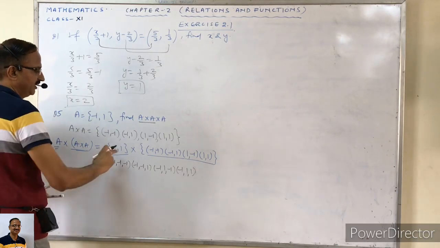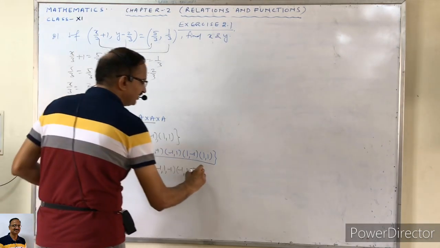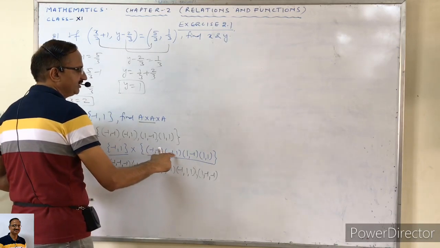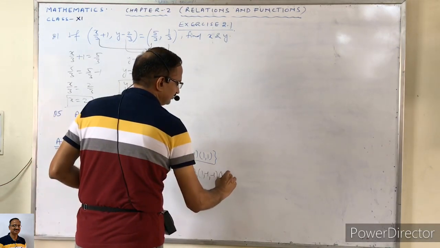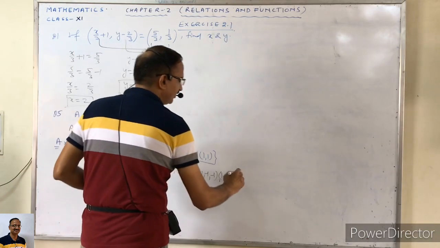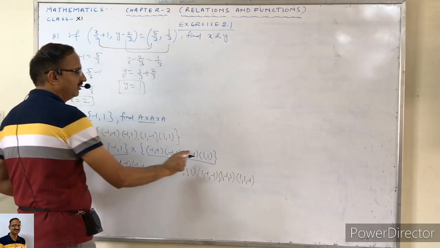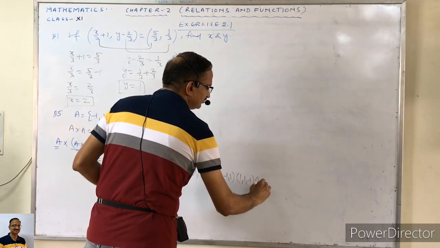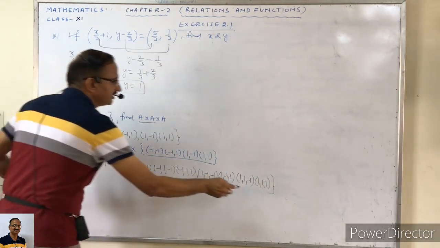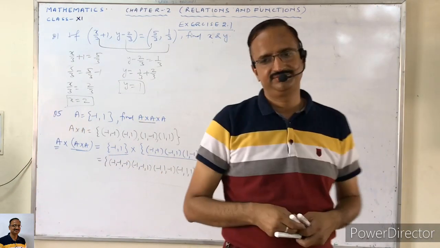Now from 1, we can write 1, minus 1, minus 1, then 1, minus 1, 1, then 1, 1, minus 1, and finally 1, 1, 1. So this is A cross A cross A.